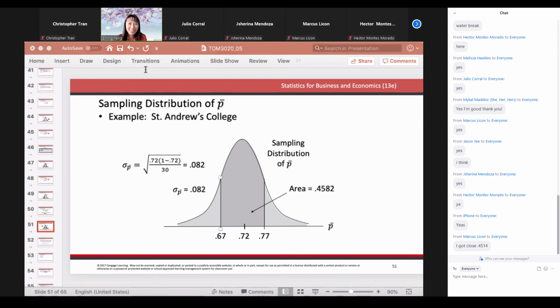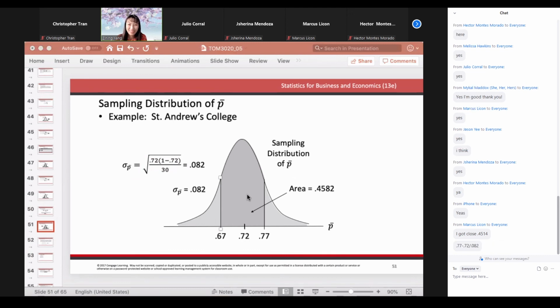Anyone? Yes. Very nice. That is the Z-score calculation.